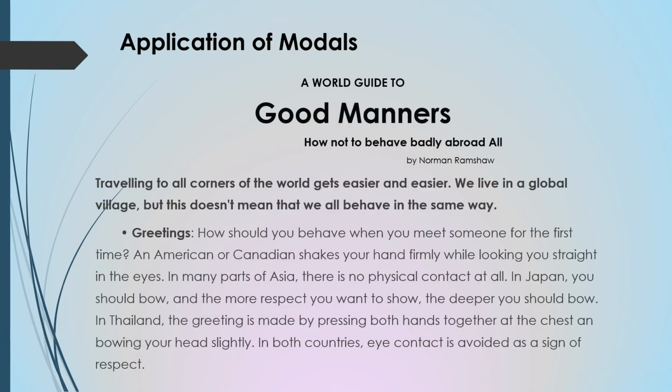This particular title is A World Guide to Good Manners: How Not to Behave Badly Abroad, by Norman Ramshaw. You can find this particular title and text, just a couple of pages, from the chapter, that means from unit 4.